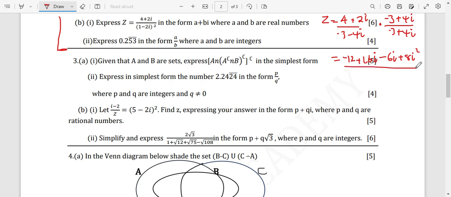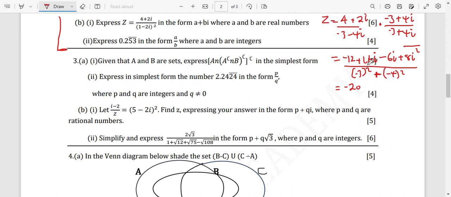In the denominator, multiplying a complex number by its conjugate, get the first number, you square it. That's negative 3 squared. You always put a plus for complex numbers. Get the number in front of i, you square it. That's negative 4, you square it. So this 8i squared is negative 8. So negative 12 minus 8 is negative 20.